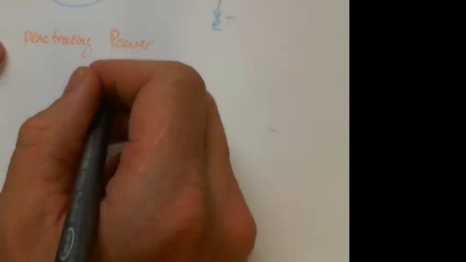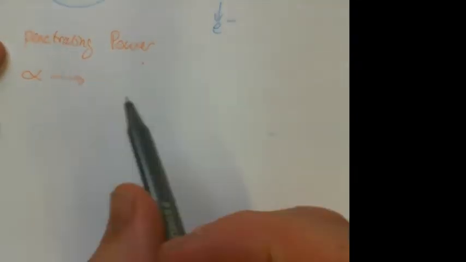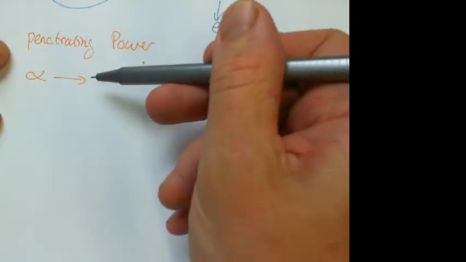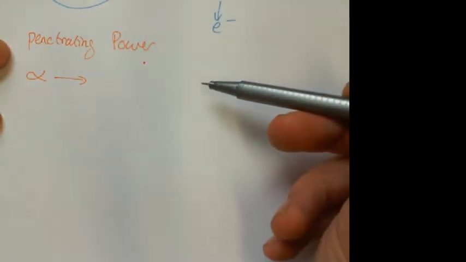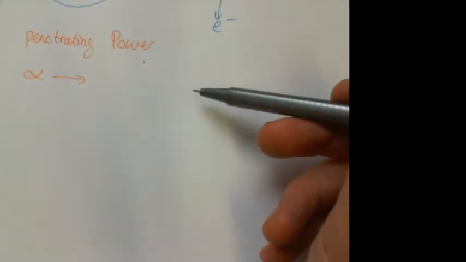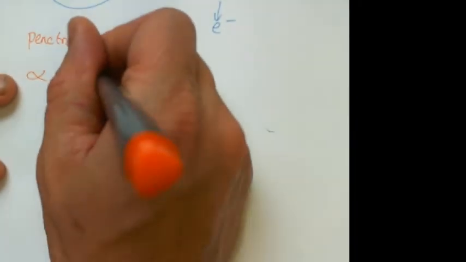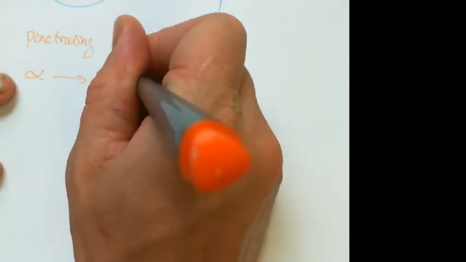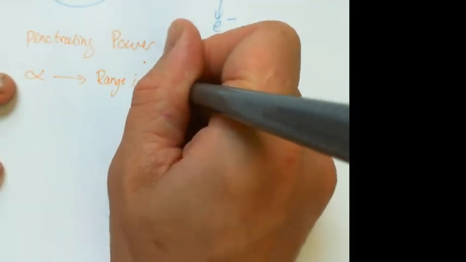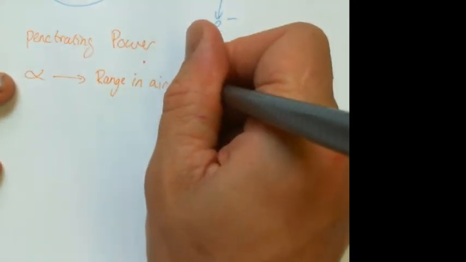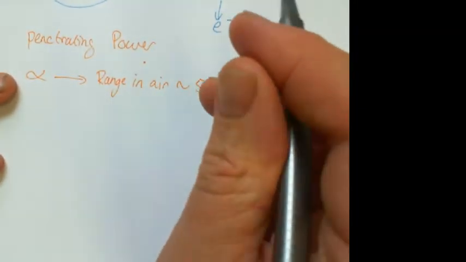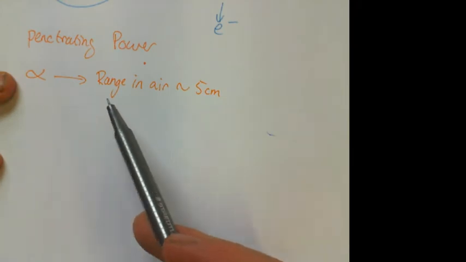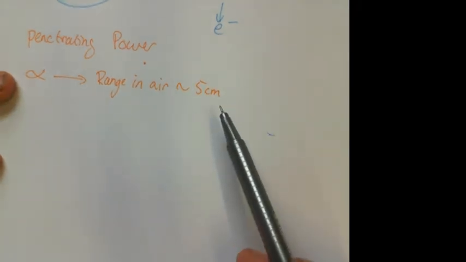To start with, you might have an alpha particle, and if you have a detector and then move your detector further away, you'll notice that it decreases, and that's because the range in air is about 5 centimeters. So alpha can't even penetrate through air if it's more than 5 centimeters.